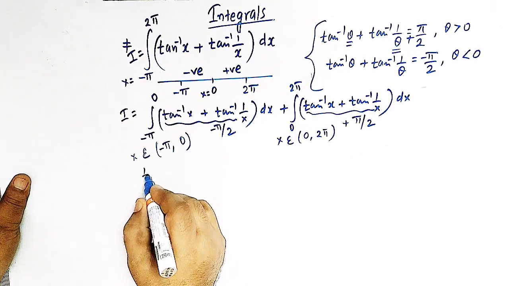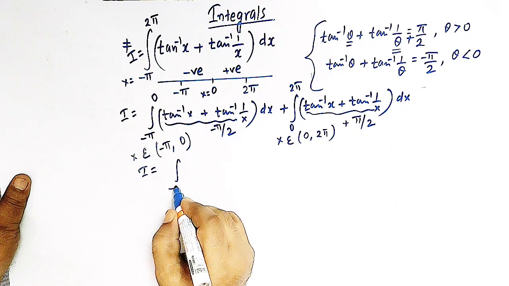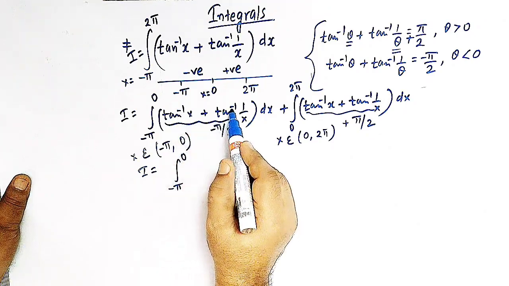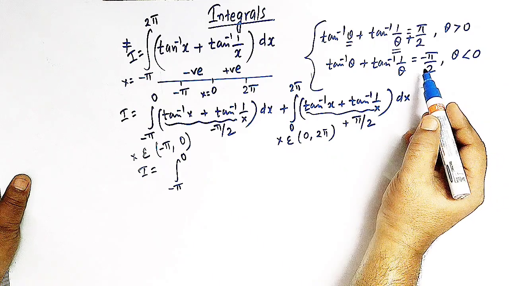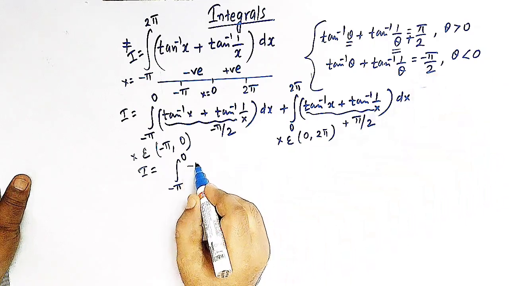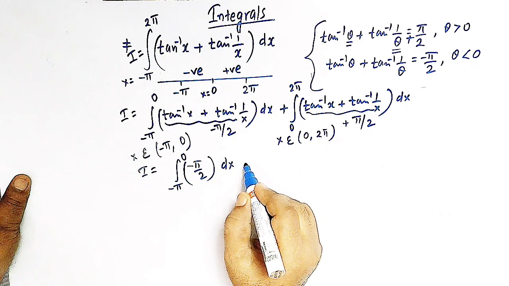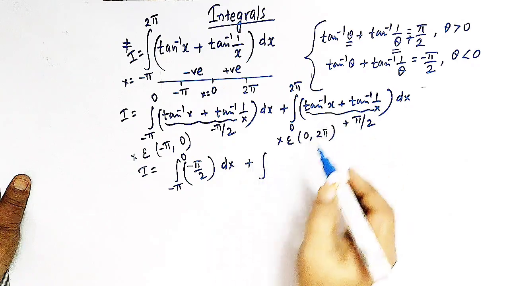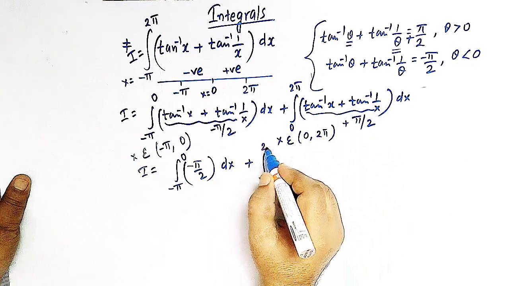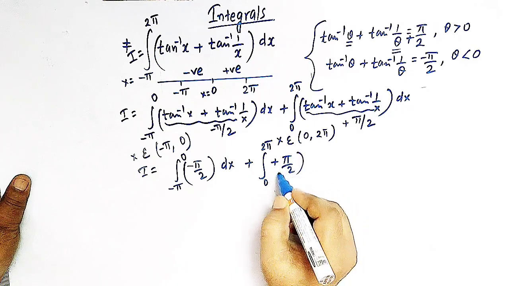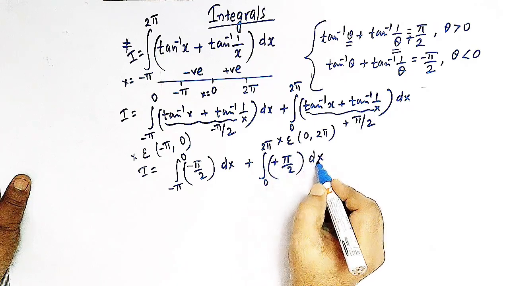So now I can be written as the integral from minus pi to 0 where tan inverse x plus tan inverse 1 over x is equal to minus pi by 2, with dx, and in the second integral from 0 to 2 pi we have plus pi by 2 dx.